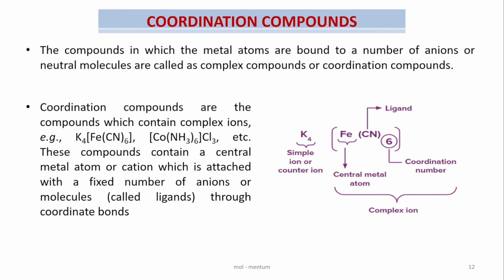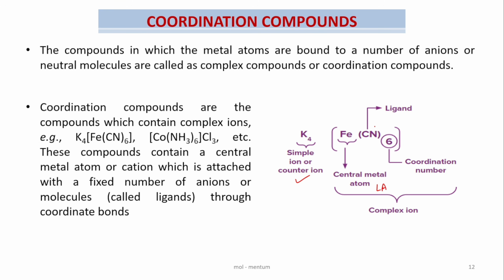Okay, then these are the basic definitions. The ion, mostly a cation, which is written before that square part is called the counter ion, or simple ion. This is your central metal. Whatever is written inside that square bracket, that metal is called the central metal. This is also a Lewis acid.